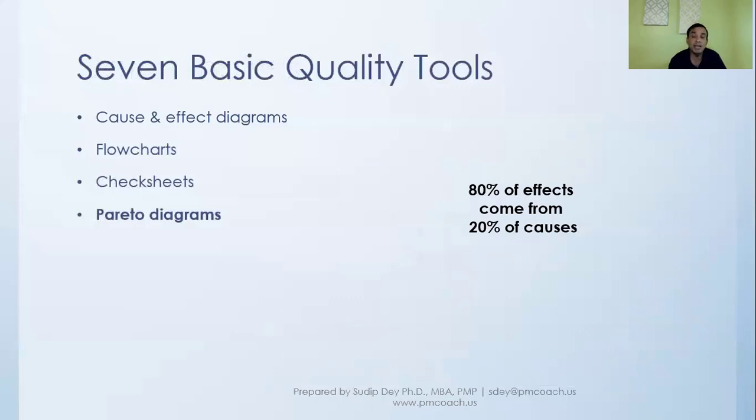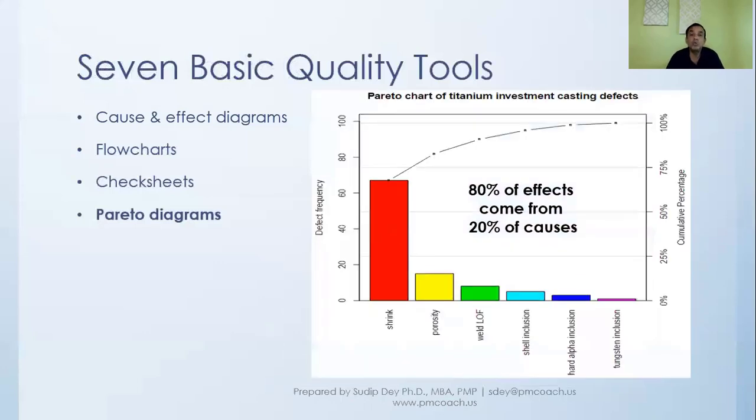And if we look at that, the way we'll do it is, we are going to put down the errors from the highest frequency to the lowest and draw a cumulative curve.